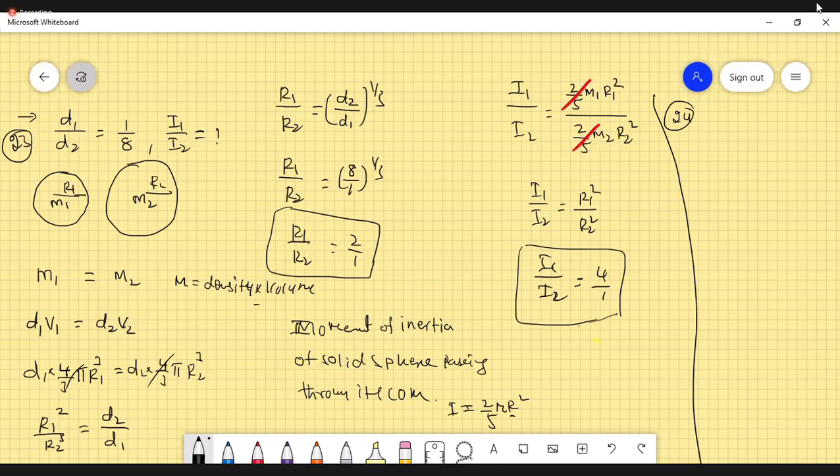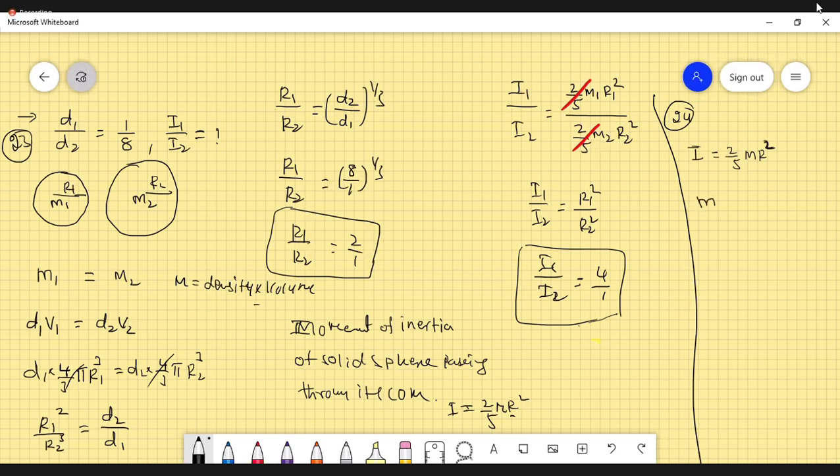So moment of inertia I equals, this is a solid sphere, axis passing through any diameter of the sphere, nothing but passing through its center of mass. What is the formula? 2 by 5 m r square.